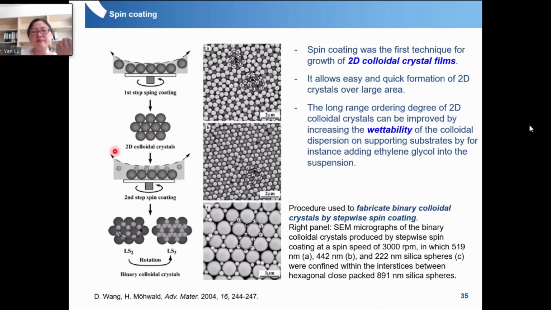Then in the second step, they use smaller particles, and of course it depends on the size difference of these two during the two different spin coating processes. So they can form different kinds of two-dimensional binary colloidal structures. So this is also one of the very clever methods.